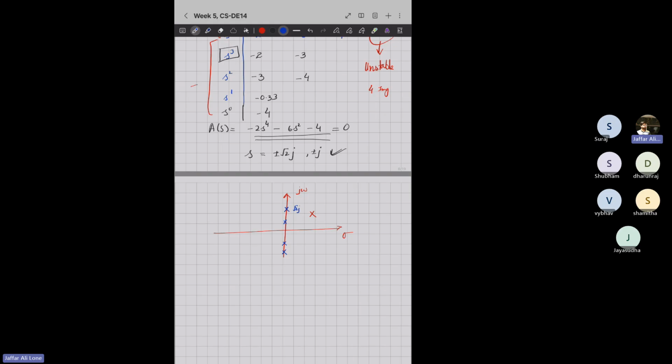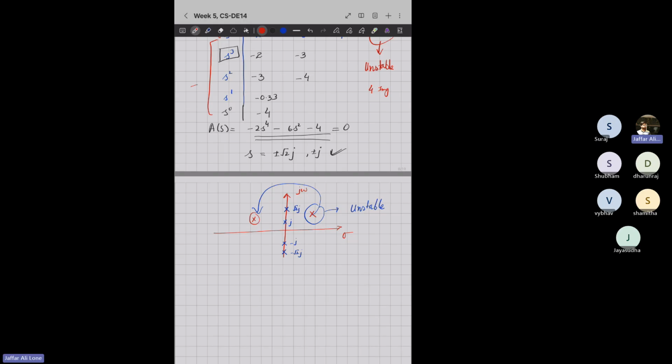This is root 2j, this is j, this is minus j, this is minus root 2j. So this was my earlier pole location, but in this case my pole is in the RHP, which makes my system unstable. But I'm saying this pole is in the LHP. Now tell me whether my system is stable, unstable, or marginally stable.